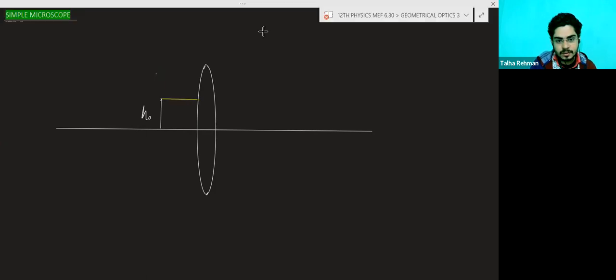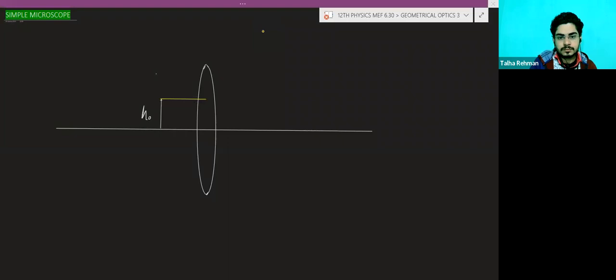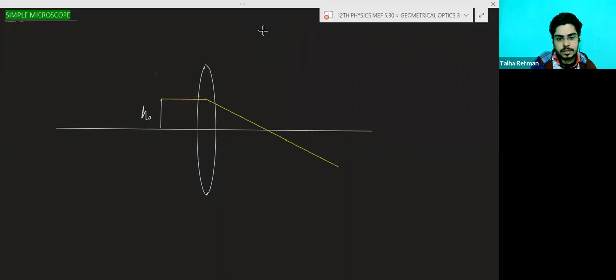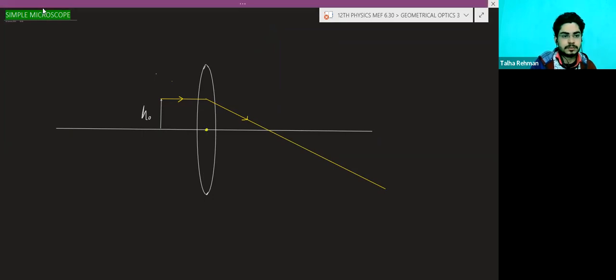First ray, parallel to the principal axis, will pass from the focus. Focus will be somewhere here, and another ray from the object is passing from the optical center. Suppose this is the optical center of the lens.